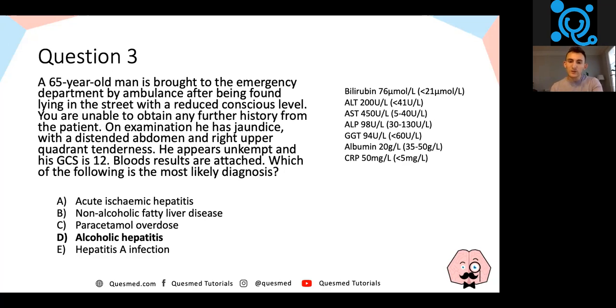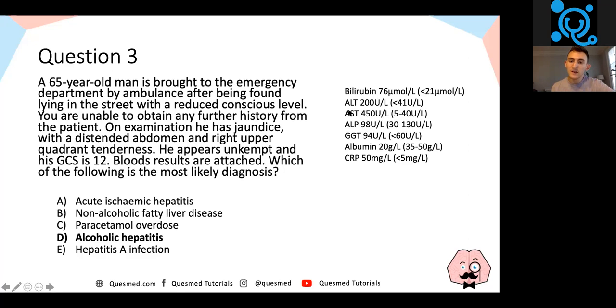If you look at his blood tests, you can see that he's got a high bilirubin. He has an elevated ALT and a normal ALP, so that implies intrahepatic damage instead of posthepatic damage. He's got a raised gamma GT, which implies a hepatobiliary cause, and a slightly elevated CRP as well.